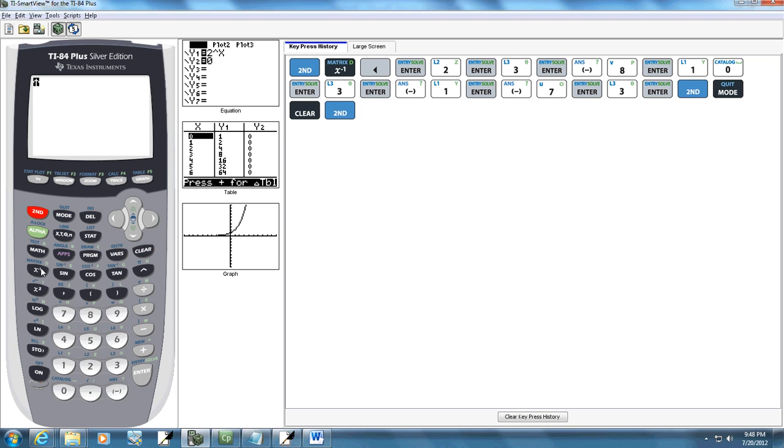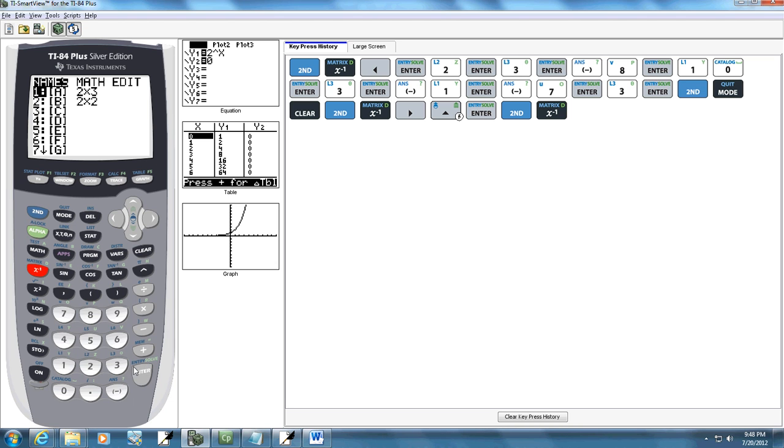And we'll go back into our matrix menu, second x to negative 1, right arrow to math, and up arrow to RREF. Make sure you choose the one with 2 R's. That stands for reduced row echelon form. Press enter on it. Go back in my matrix menu, do enter on A, and enter again.